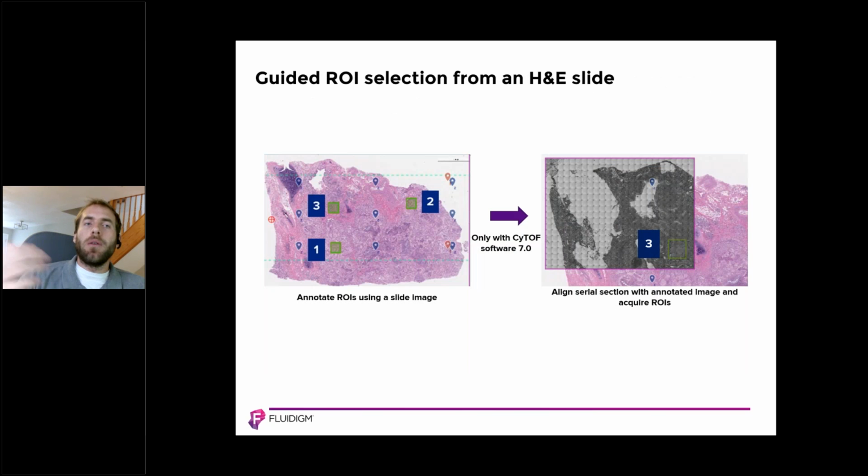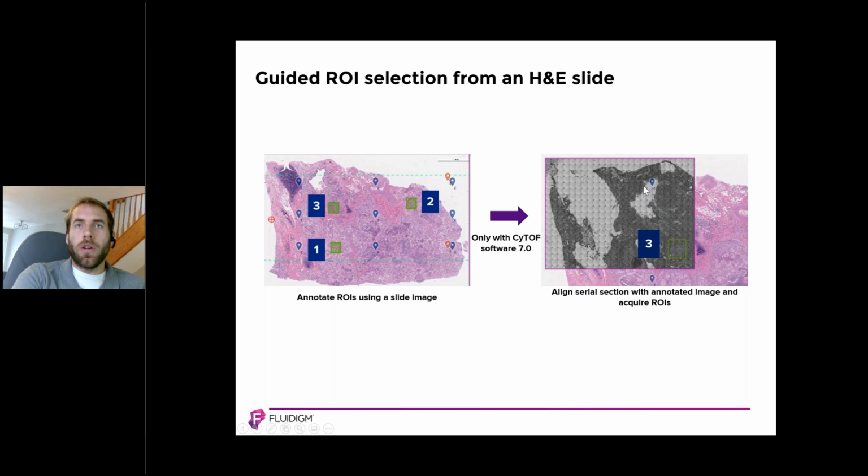You can work with independent pathologists or really anyone that can help you identify the regions of interest. And you can annotate this on your slide ahead of time, right? So you can pick out those regions of interest. You can then ship your slide to the core at SickKids, and they can do a co-registration where they line up the image that you sent with the tissue in the instrument and the image generated by the instrument.